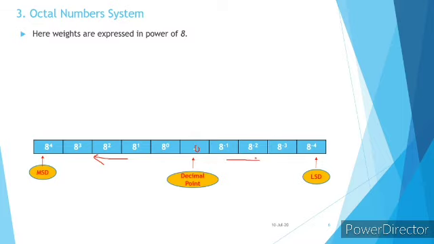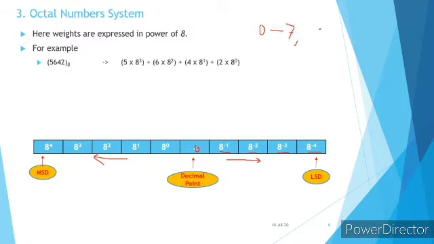For the right side of the decimal point, it is 8 raised to minus 1, 8 raised to minus 2, 8 raised to minus 3, 8 raised to minus 4, and so on. Here one thing you have to precisely note: in the octal number system, since the base is 8, the symbols go from 0 to 7.